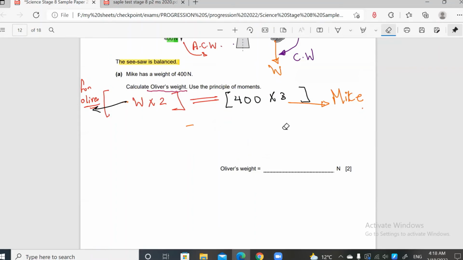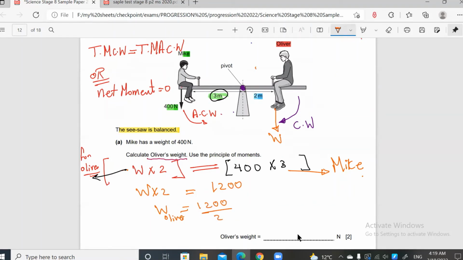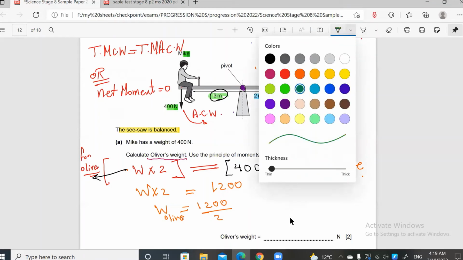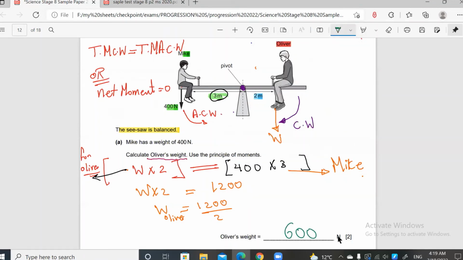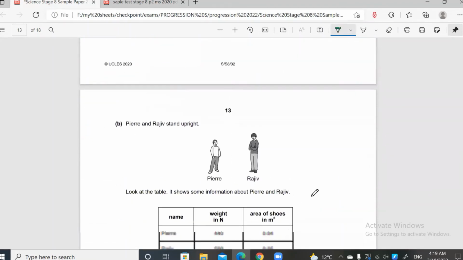You have the weight of Mike and you don't have the weight of Oliver. By applying the principle of moment, the weight times 2 is equal to 1,200. So the weight of Oliver equals 1,200 divided by 2, which is 600 Newton. The unit is given in the example, so there is no need to write the unit.